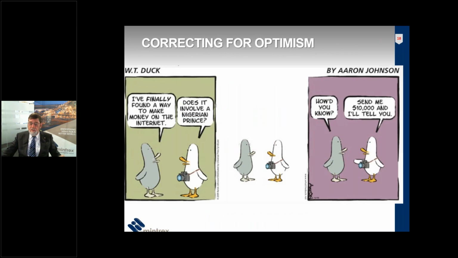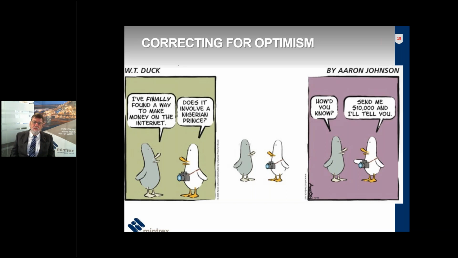So it's a human condition. We all want to believe in things. For some of us, it's eternal life and religion. For others, it's the commercial magic pudding. We need to increase project scrutiny if we want to be sure of success.